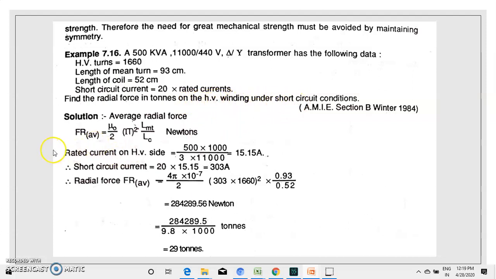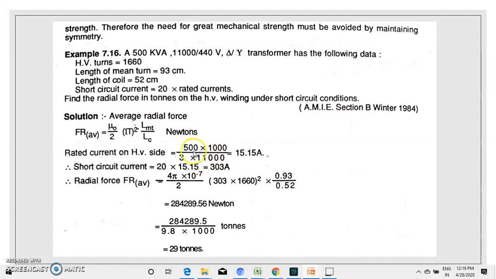So we can define the radial force Fr as we saw in the theory, that is mu 0 upon 2 into (I into T) square LMT upon LC in Newton. The rated current on the HV side we can calculate from the volt ampere rating for 3 phase, divided by 3 into the voltage on the HV side, that is 11 kV.